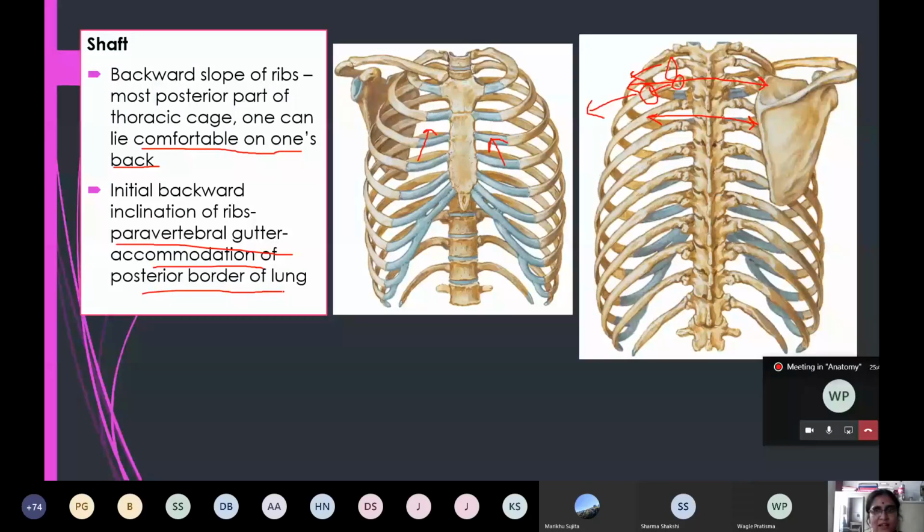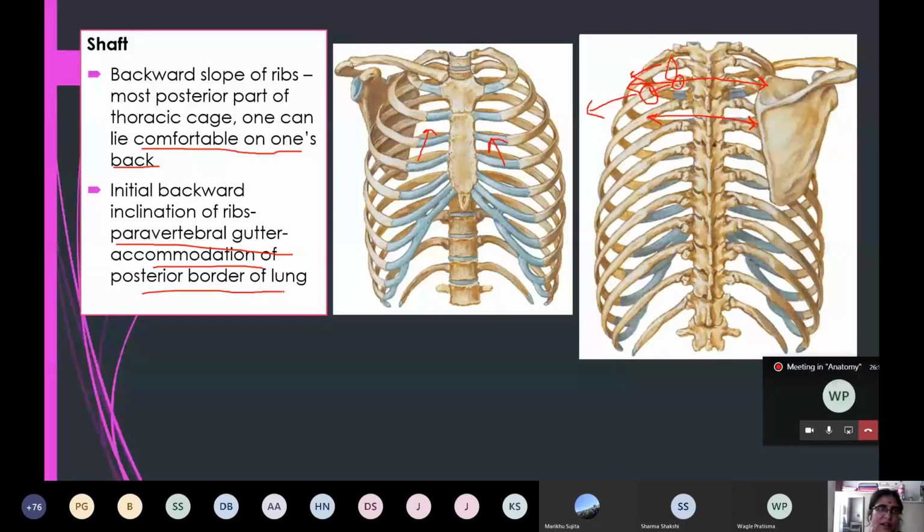It is directed backward and laterally, such that it forms the paravertebral gutter inside the thoracic cavity on which the posterior border of the lung rests. And posteriorly, it provides sufficient area on which the individual finds it comfortable to lie or sleep on the back, in recumbent position.